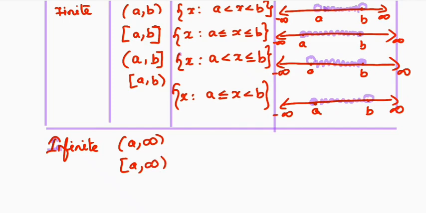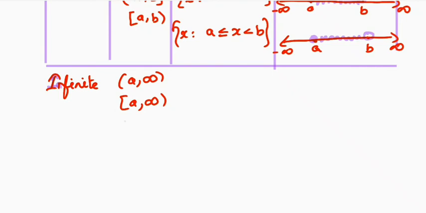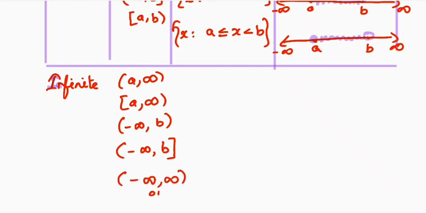Okay, next one, it is minus infinity to B. Here it's a square bracket. And the next one, minus infinity to plus infinity, or we can represent what it is. It is nothing but the real numbers. Okay, so 5 types of infinite intervals we can have.